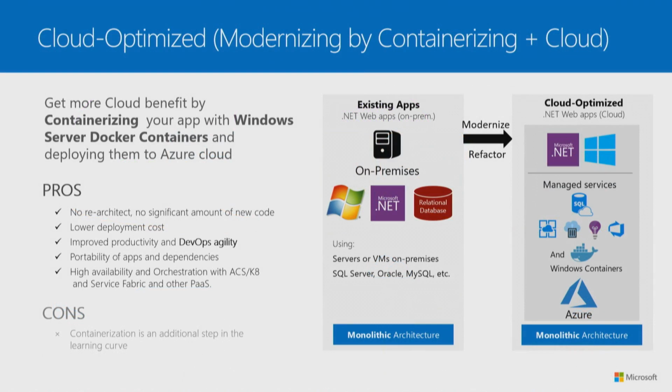As I already mentioned, the pros of modernizing with containers are low deployment cost, because compared to VMs, containers are cheaper and more performant. Going back to the previous talk, it really improves DevOps and developer productivity.